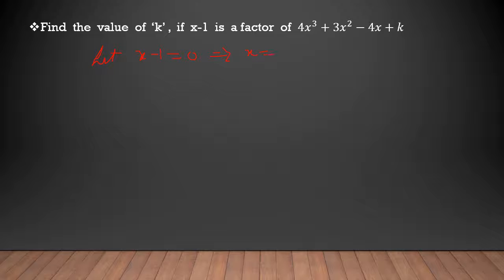If you put the value 1 in the polynomial, p of 1 is 4 into 1 cubed plus 3 into 1 squared minus 4 into 1 plus k, and this will be equal to 0 because x minus 1 is a factor of 4x cubed plus 3x squared minus 4x plus k. So 3 plus k should be equal to 0, and from there we get k equal to minus 3. So the value of k is minus 3.